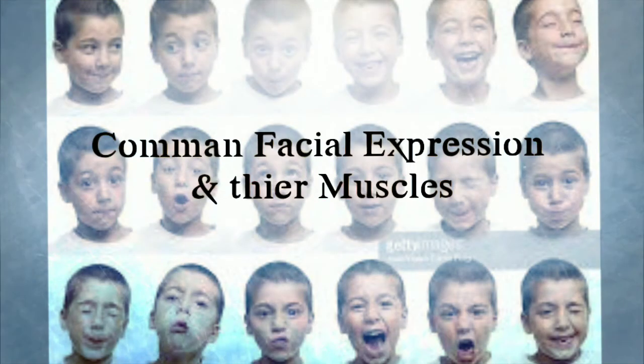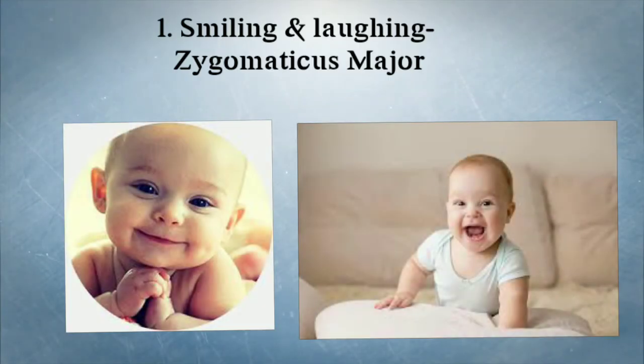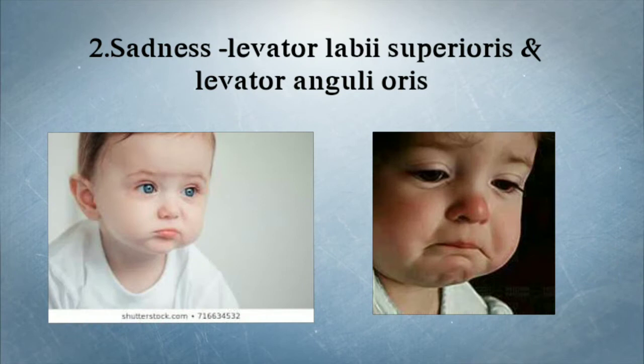Moving forward, now I'll be seeing the common facial expressions and the muscles producing them. The first expression is smiling and laughing, and the muscle responsible for it is zygomaticus major. The second expression is sadness, and the muscle responsible for this is levator labii superioris and levator anguli oris.